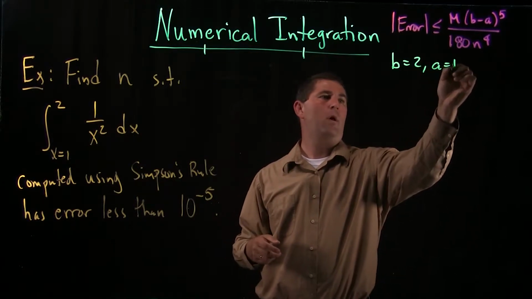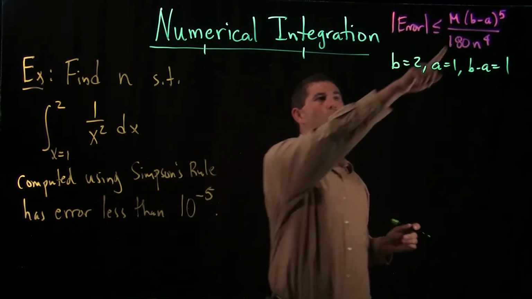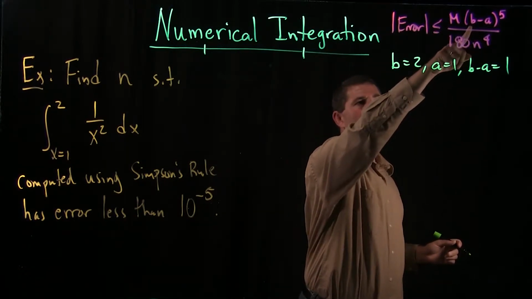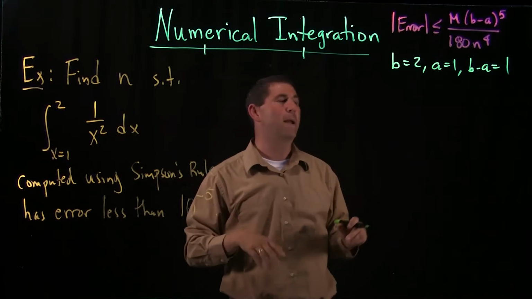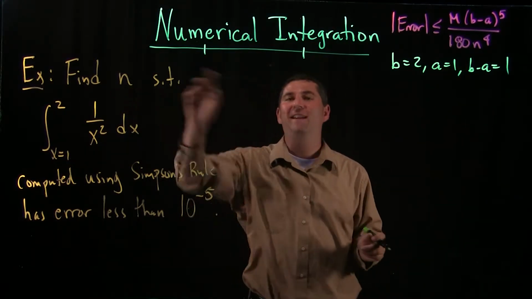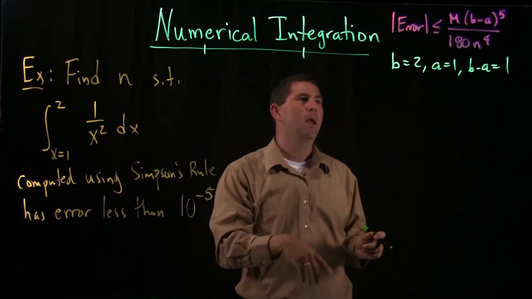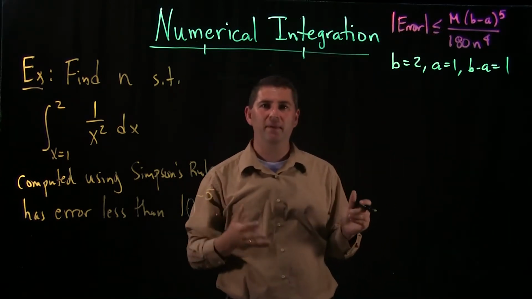Our a is 1. So our b minus a is 1. So 2 minus 1 to the 5th is just 1 to the 5th. Hey, that's going to go away. The n, well, we don't know n because we're trying to find it. So I don't have to find the n. But there is still this M here. So I'm going to have to work out what this M is.